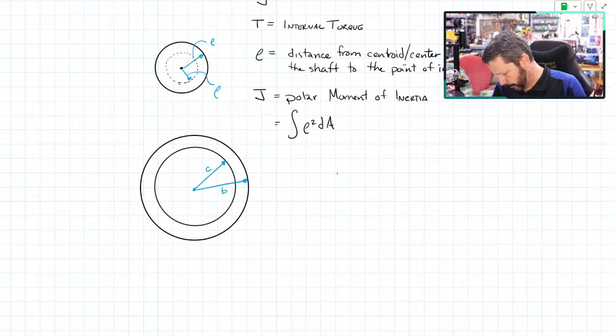Let's see. Let's check page 361 here. Yes, so page 361, torsional shear stress, the elastic torsion formula.